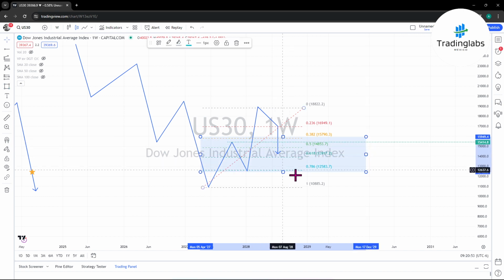This area is the powerful Fibonacci extensions.